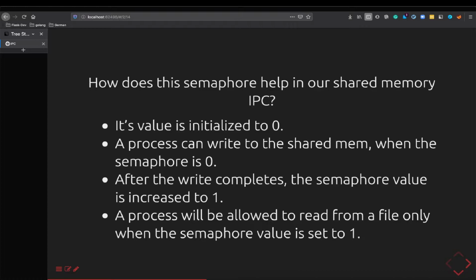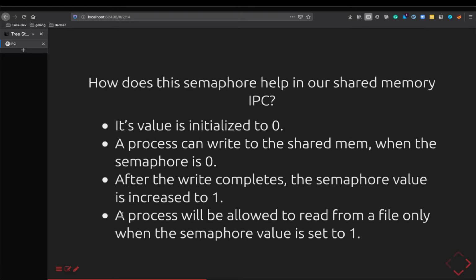Okay, so the next point is after the write completes, the process which has written to the shared memory increases the semaphore value by 1. Once the write completes, the semaphore value is increased by 1, and the process or the consumer that we came across previously can read from the shared memory whenever it wants, since the semaphore value is 1.